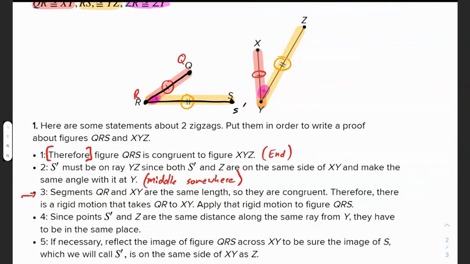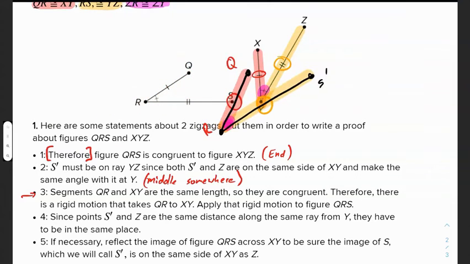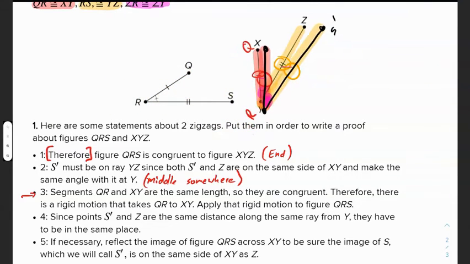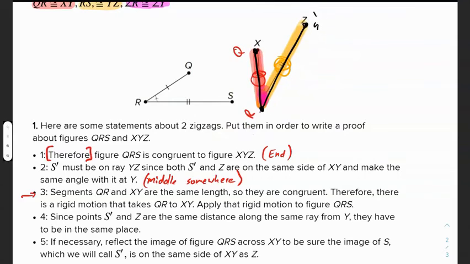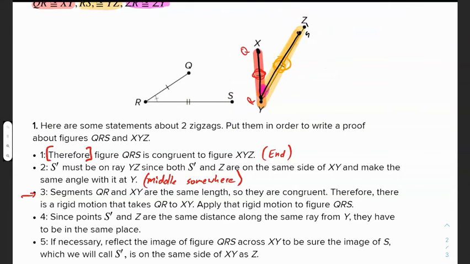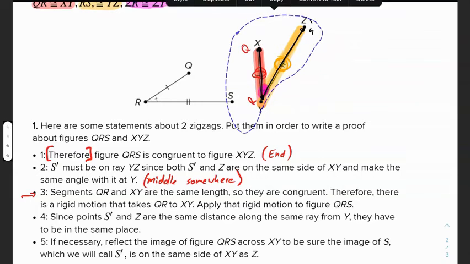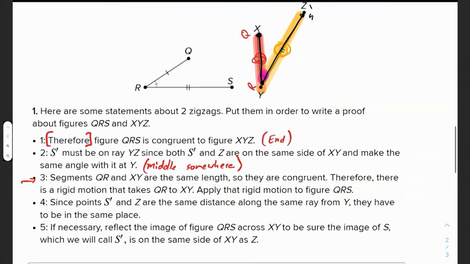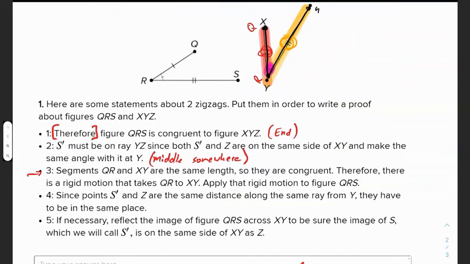So they're talking about moving this now. QR to XY looks like it's somewhere around here. Okay, I see what they're talking about. I feel like that's the first thing you should probably do.